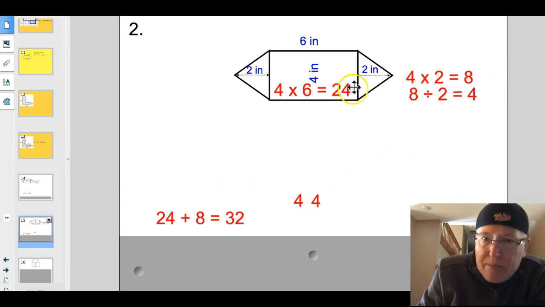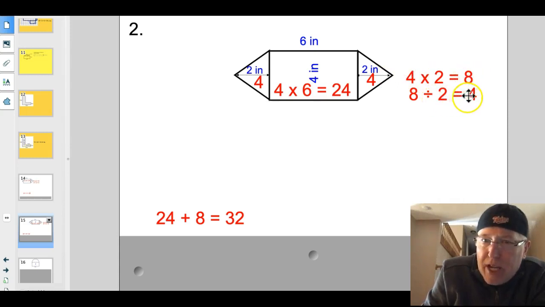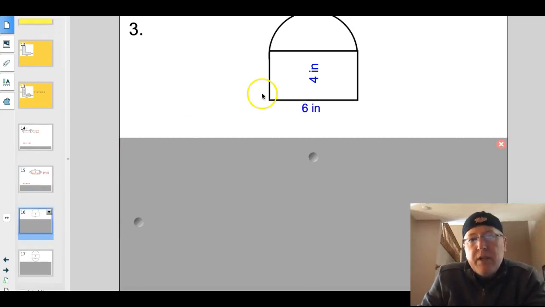So I've got my 24 here. I've got my 4 for this triangle. And I've got my 4 for that triangle. And if you missed it one more time, here's the base, which is 4. I multiplied it by 2, and that gave me 8. You divide that by 2 to get the area of the triangle, which is 4. So 4 plus 24 plus 4, that's the same as 24 plus 8. That baby is 32.